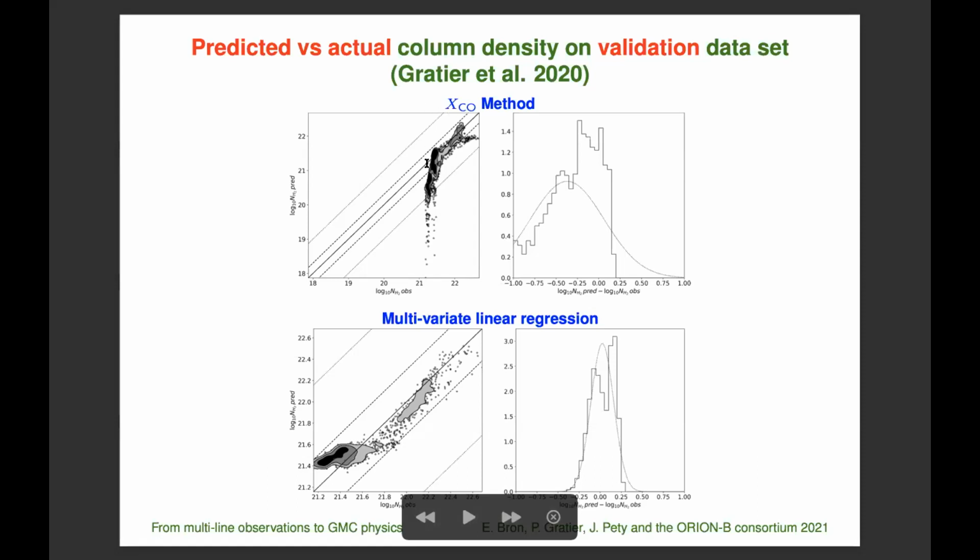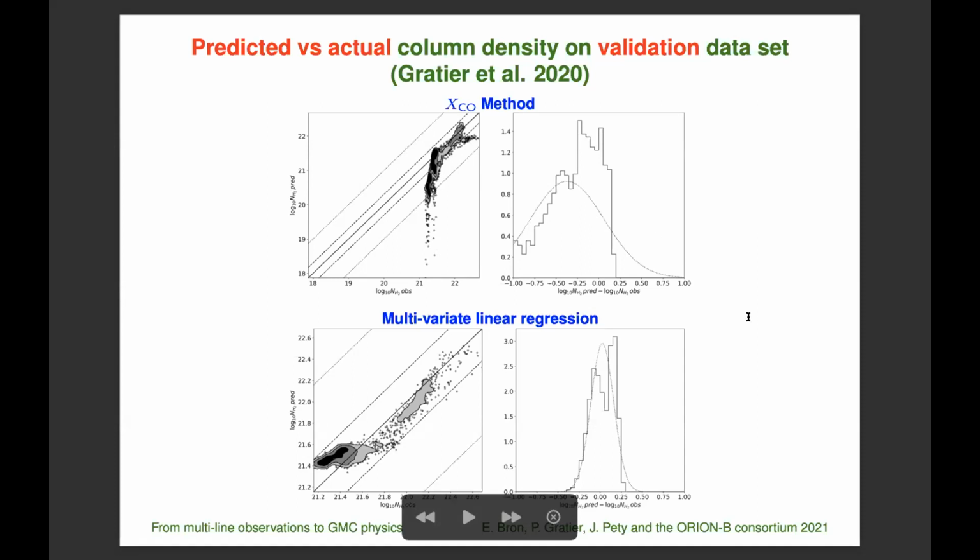So the XCO method is not too bad for column densities above 10^21 or around that, but it's really bad below, because probably CO is not a good tracer of these regions. And you see here, it appears that there is a large bias on the prediction.